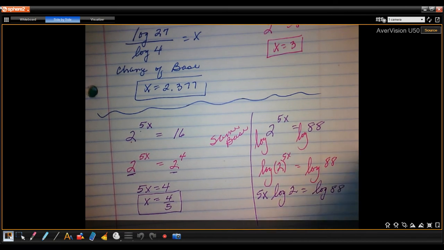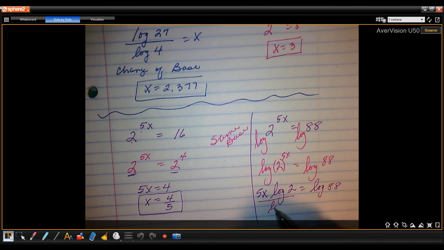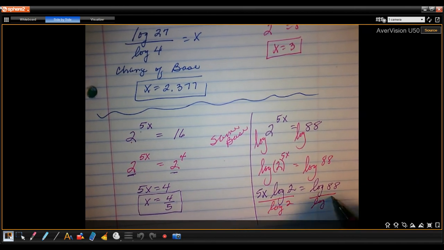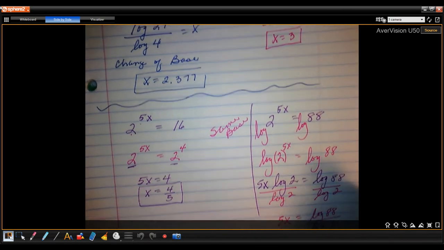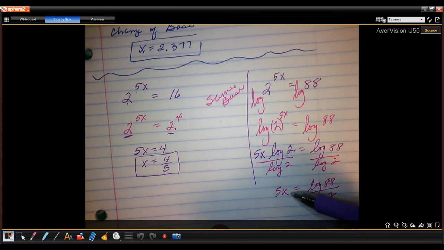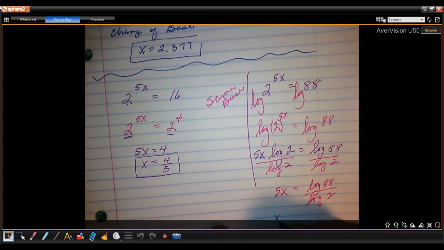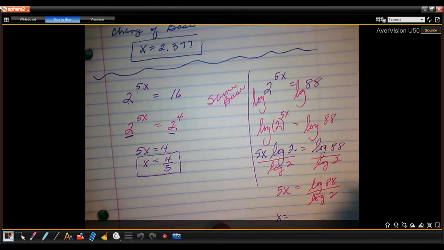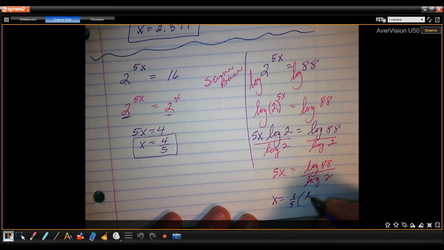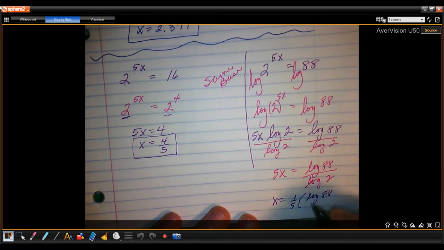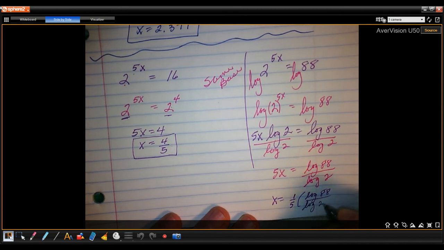Next, you would divide by log of 2. So you're left with 5x equals log of 88 divided by log of 2. Then you want to get rid of that 5. How do you get rid of the 5? Times it by 1/5. So 1/5 times log of 88 over log of 2.